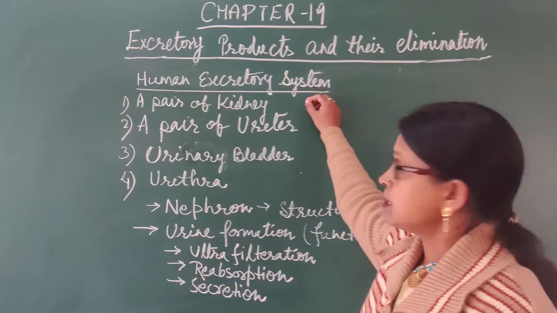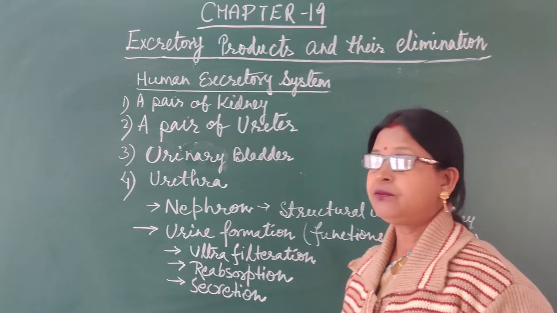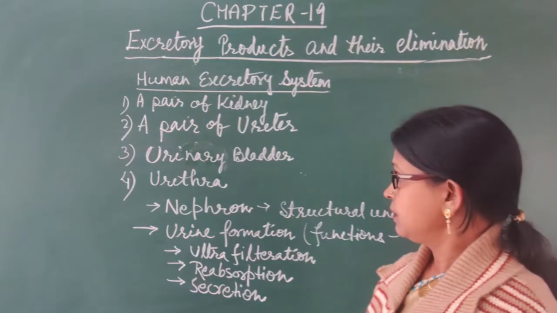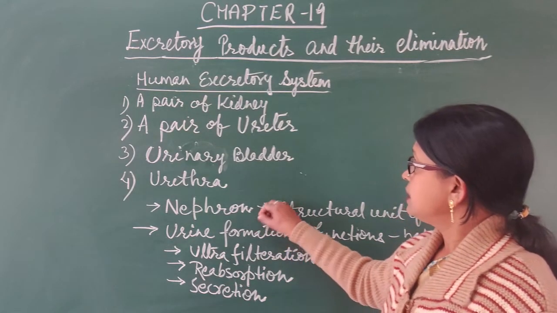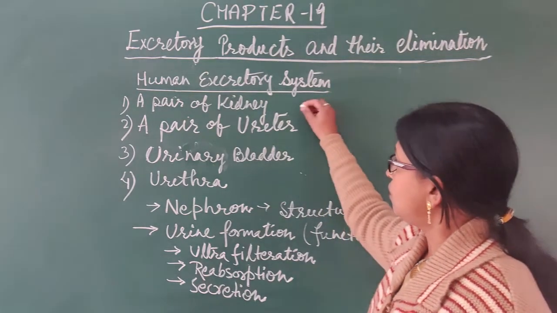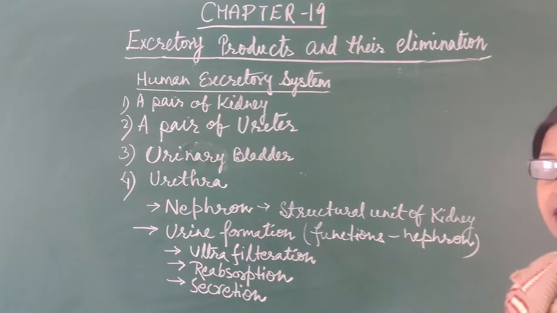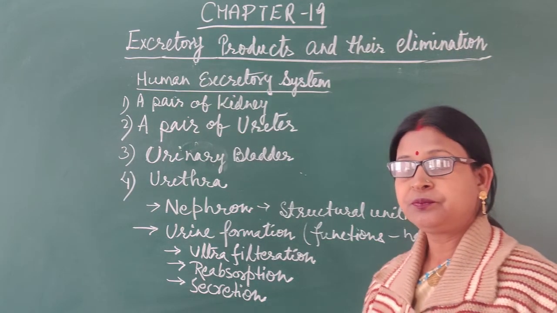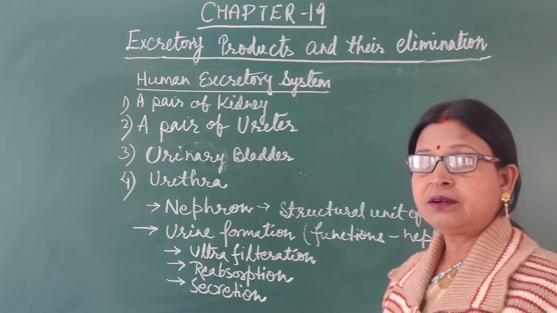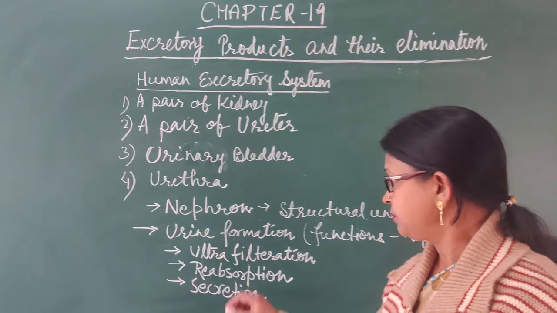The human excretory system consists of the following organs: a pair of kidneys, a pair of ureters, then the urinary bladder and urethra. Nephron is the structural and functional unit of the kidney and has different parts, that is Bowman's capsule, then the tubule system, and all these we will study through the diagram.